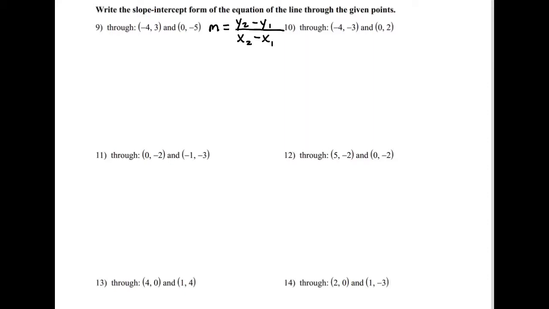So notice what the slope formula is really quick. The slope formula is the difference between the y values and the difference between the x values. But notice, order always matters. As long as you use the same order of the y's as you do your x's, then you'll actually get your slope.